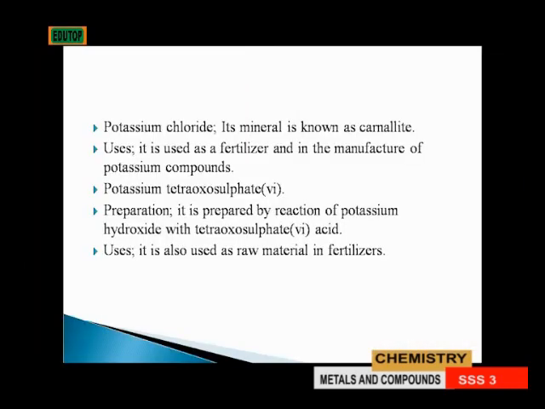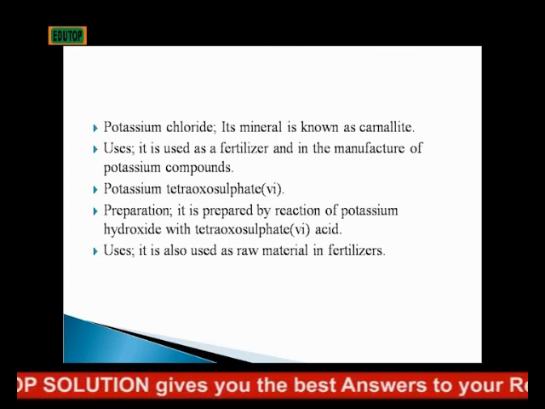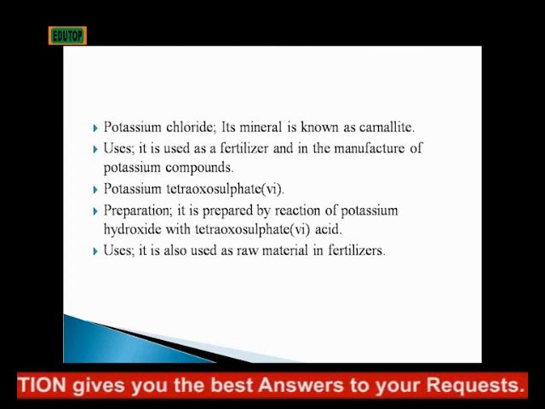Compounds of potassium. The first is potassium chloride. Its mineral is known as carnallite. Uses. It is used as a fertilizer and in the manufacture of potassium compounds. The chemistry of potassium compounds is not as vast as that of sodium.